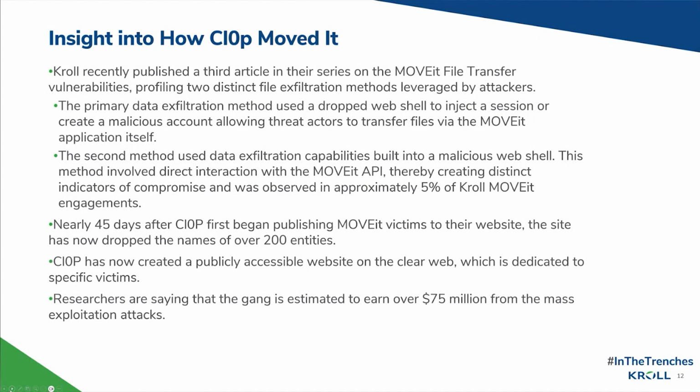The second method that was observed was the data exfiltration capabilities that were built into the web shell. This method involved the interaction with the API from MOVEit. It then created these indicators of compromise that were observed in approximately 5% of the Kroll MOVEit engagements.